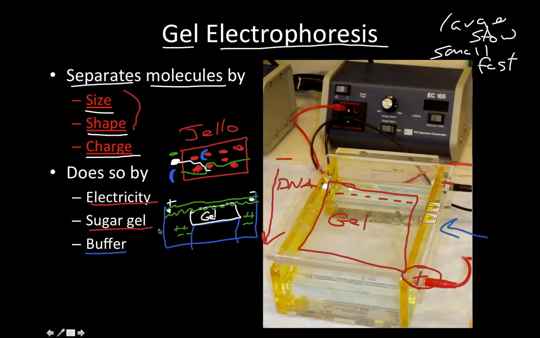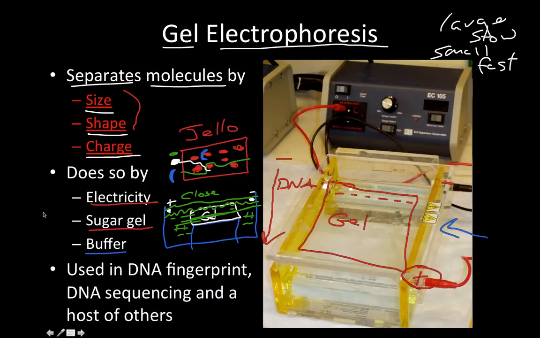Same thing here with our buffer. We need something to, as they call it, close the system and allow electricity to flow through the gel. Although gel electrophoresis works for dang near any molecule, our primary focus is going to be its use in DNA fingerprinting and DNA sequencing, even though gel electrophoresis is used in a ton of applications.